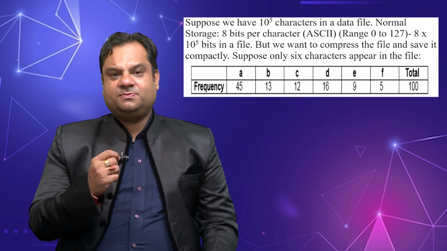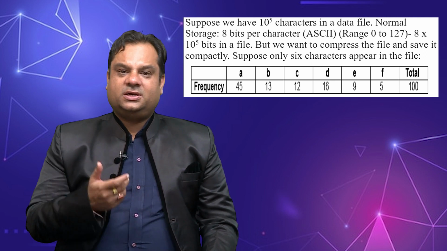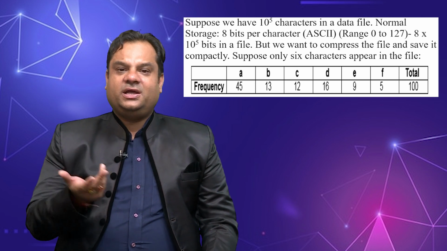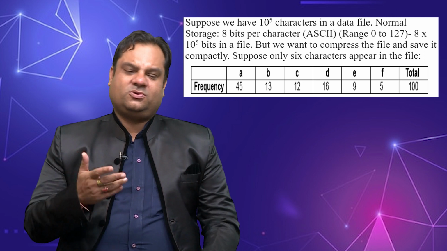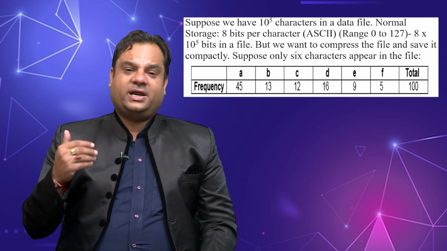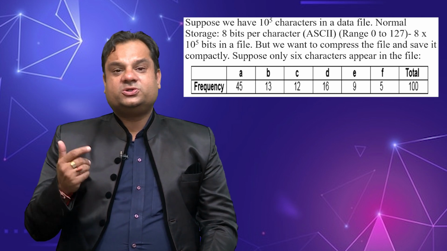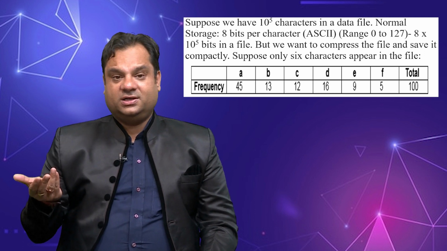We understand this by an example. Suppose we have 10 to the power 5 characters, that is 1 lakh characters, in our data file. Suppose you are writing an autobiography or an essay, and for that you use 10 to the 5 characters in a data file.